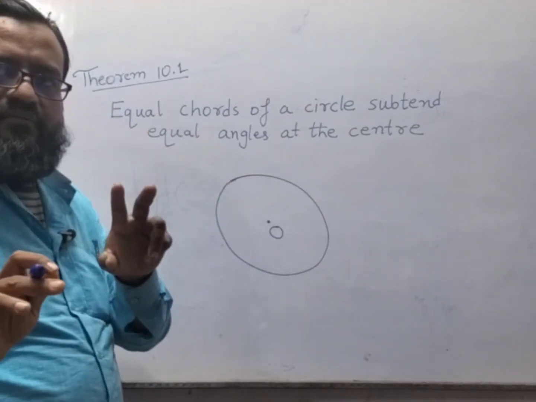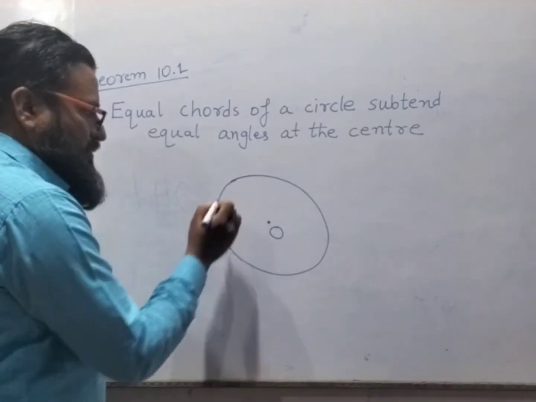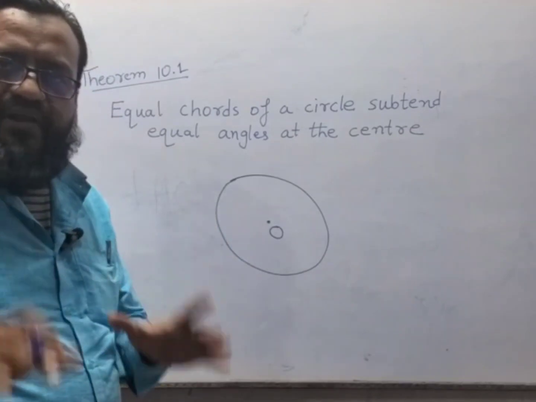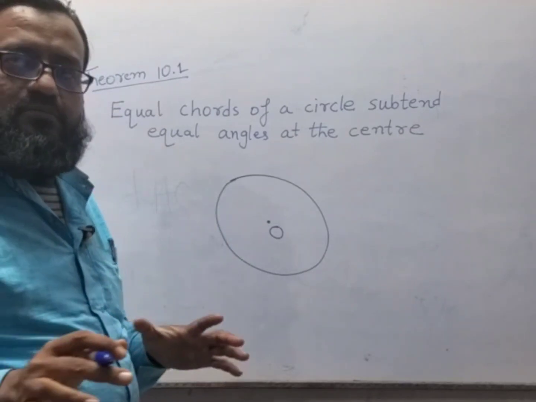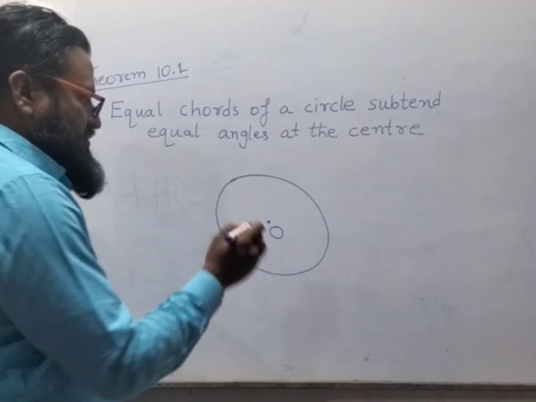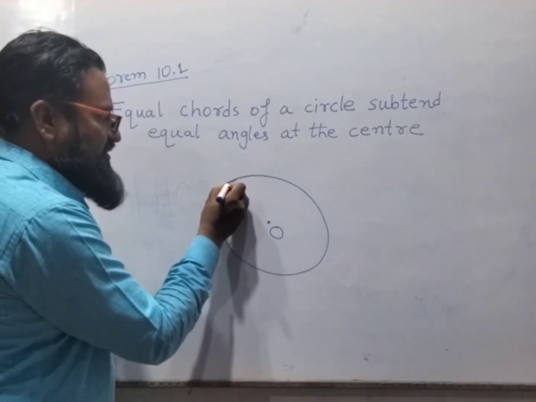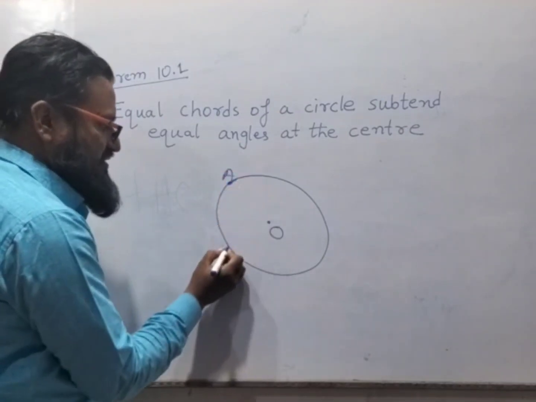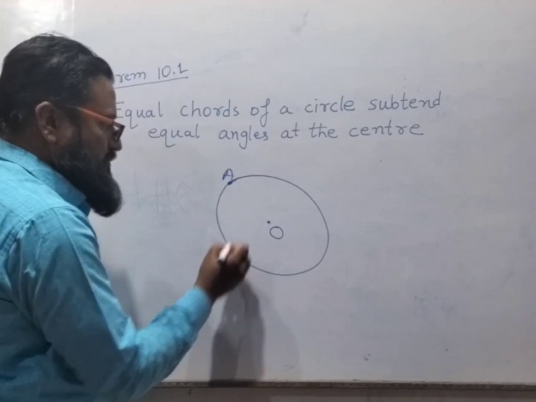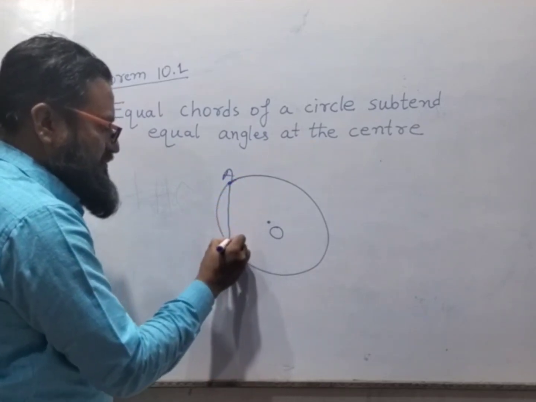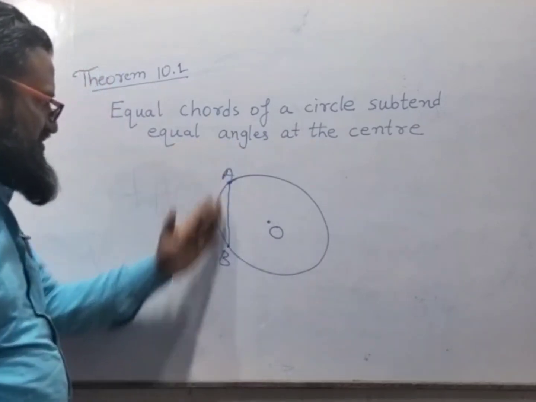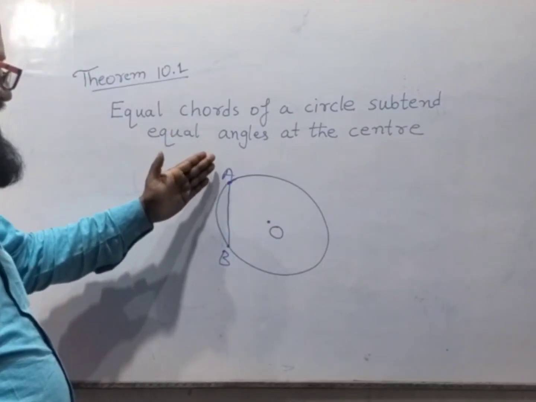We shall draw two chords. I have already explained the term chord. In order to draw a chord, just take 2 points on the circle. Suppose this point A and this point B. Join these points. This is one chord, the name is AB.